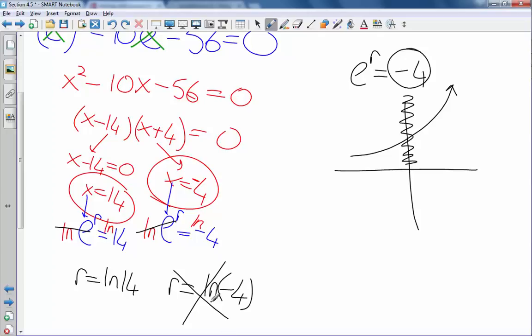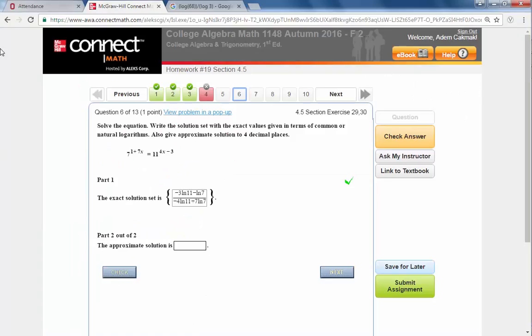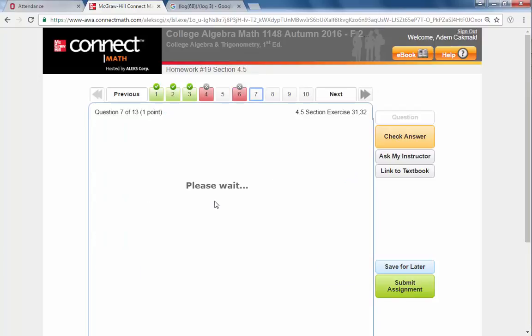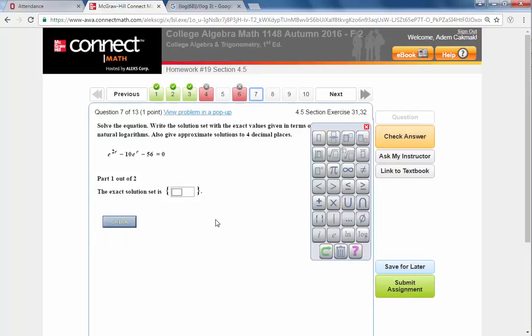Second reason again, we do not know ln of a negative number. There is no such thing. There is only one answer here, which is ln 14. And you can punch in and compute that if it's necessary. But they want first that number.